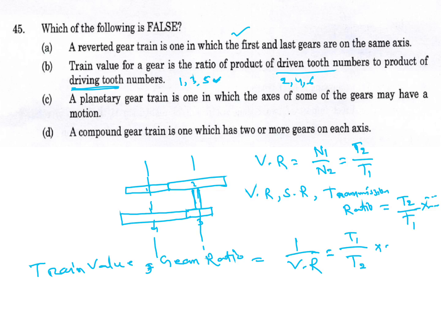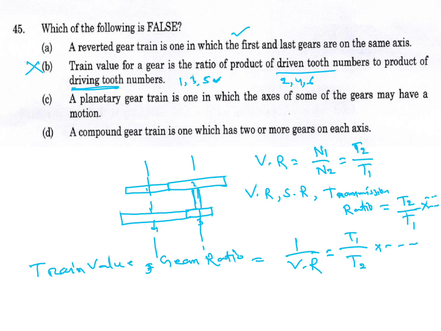So in this question, train value for the gear is stated as the ratio of the product of driven teeth, even numbers, divided by the product of driving teeth, odd numbers, even by odd. So this is your false statement.